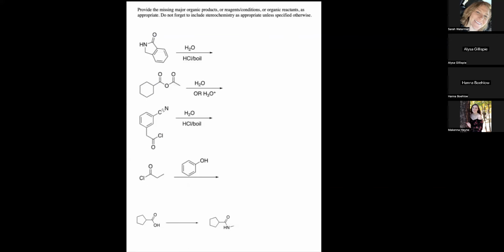So the biggest hint on a lot of these is that all acid derivatives' hydrolysis reactions will give you a carboxylic acid.